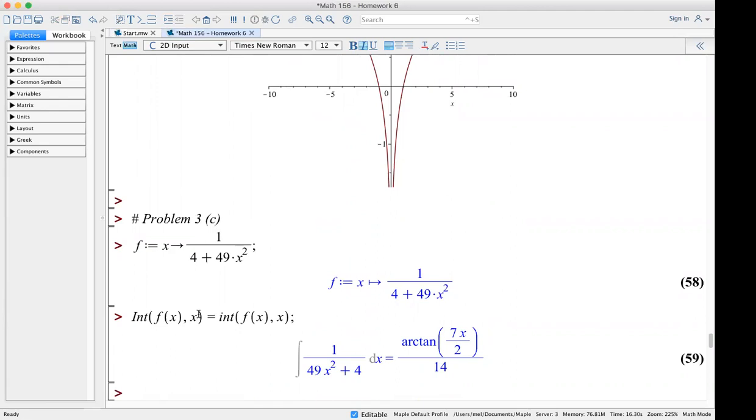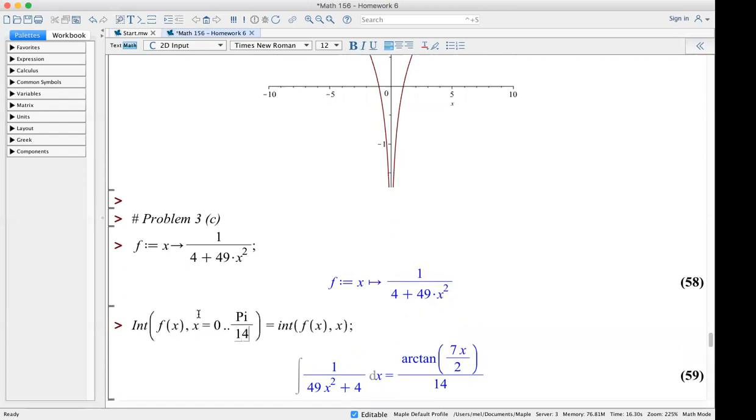We want the integral from x going from 0 to capital Pi over 14.